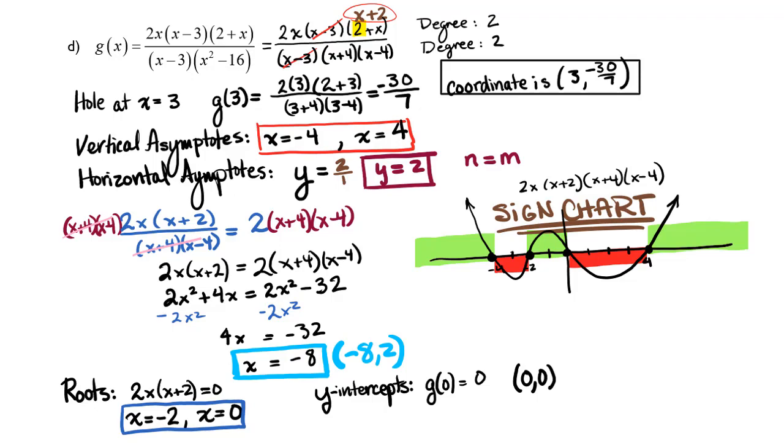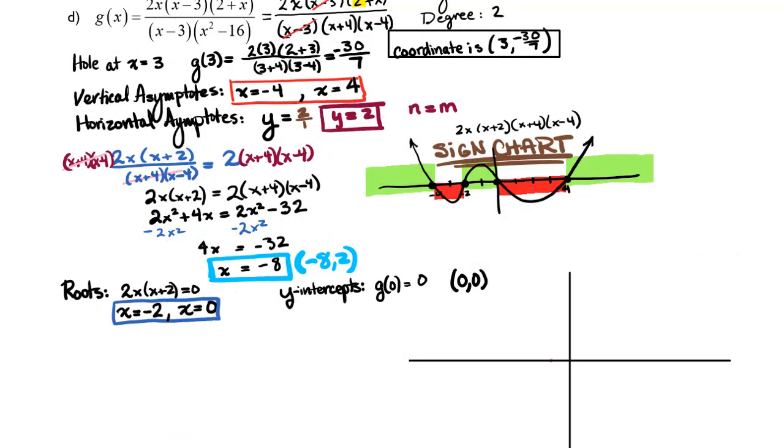So now let's actually graph the thing. I have vertical asymptotes at -4 and at +4. I have a horizontal asymptote at 2. I have roots at -2 and 0.